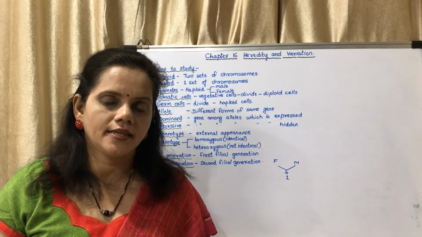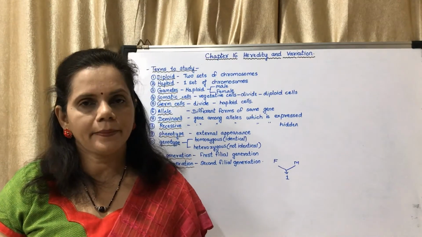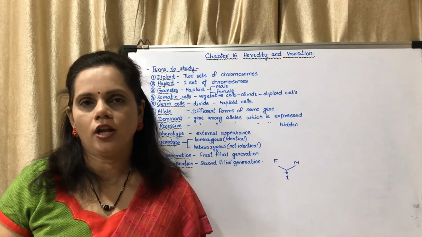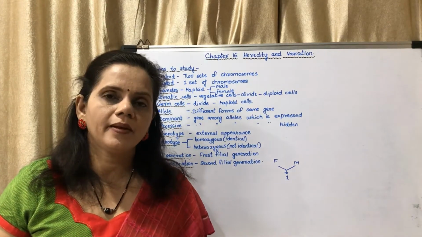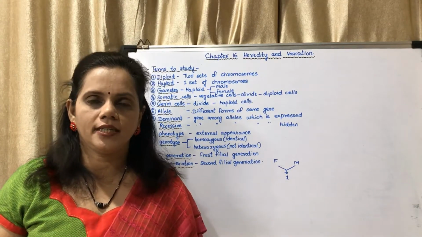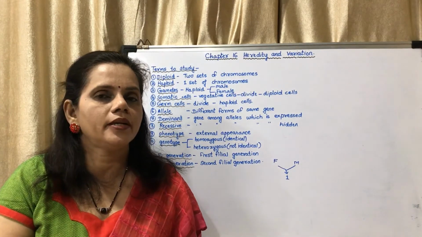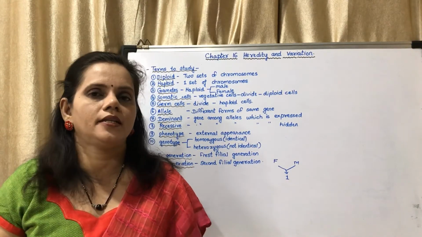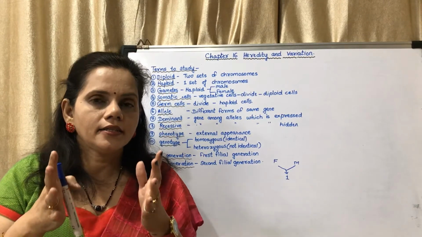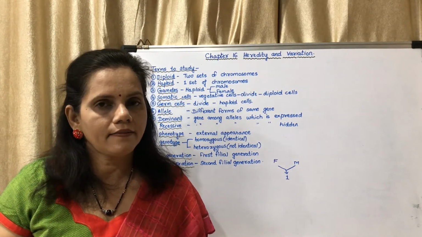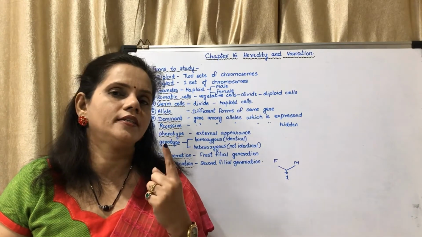If the plant is having both the genes capital T, then that plant will be compulsorily tall. If the plant is having one capital T and one small t gene, that means it is having one dominant gene from one parent and another recessive gene from another parent, then that generation will be tall because it is having that one dominant gene.